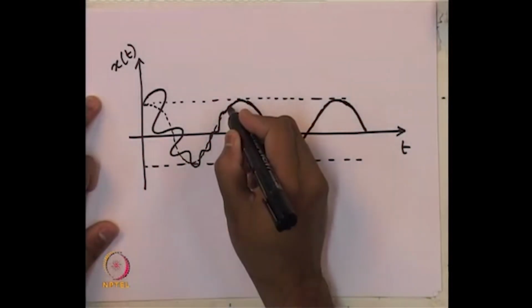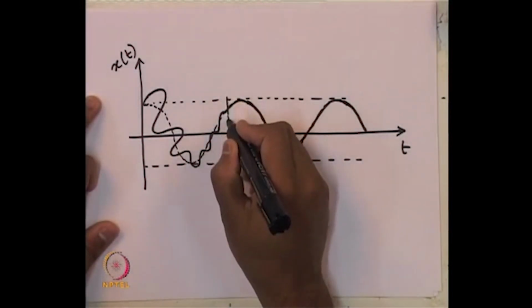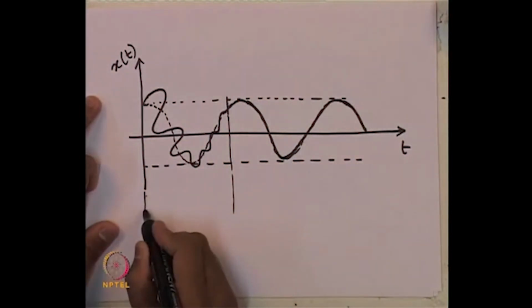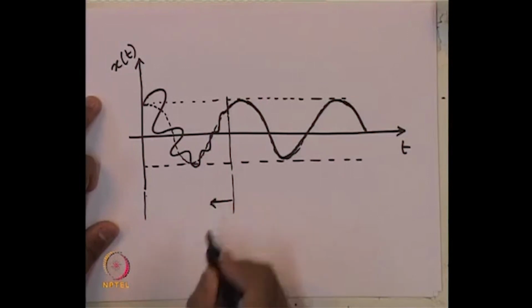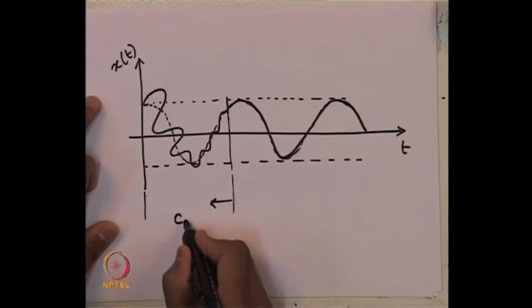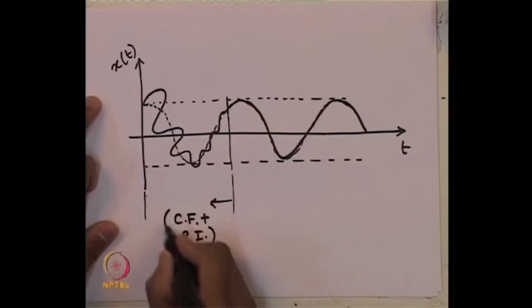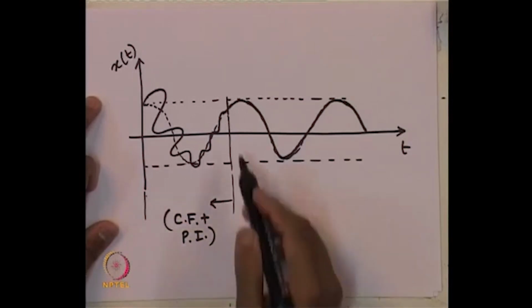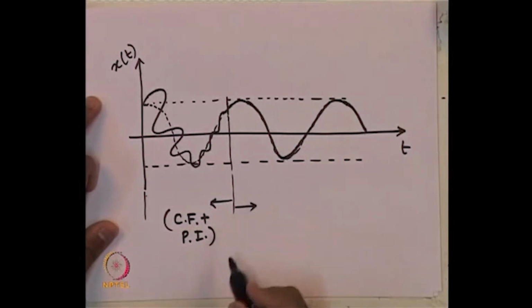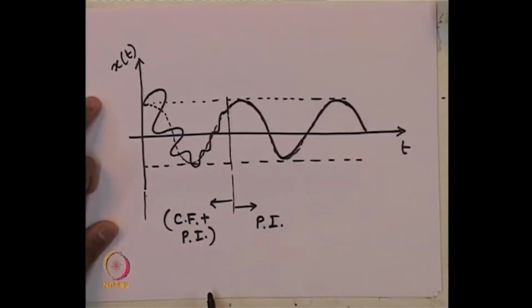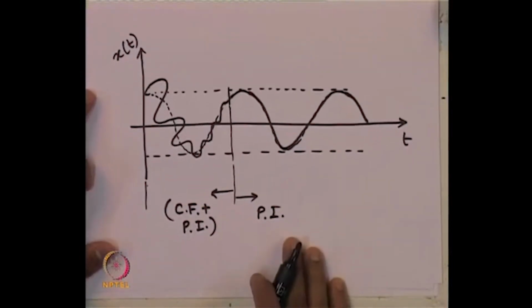So, clearly up to this point, we can see this zone is having complementary function plus particular integral together as the solution, whereas beyond this point we have only the particular integral after a certain time t. What that means?